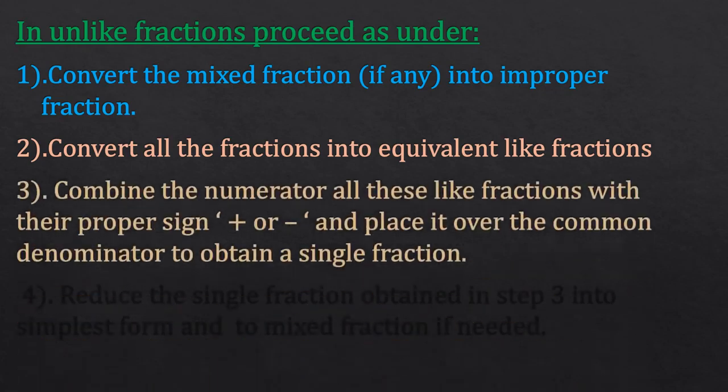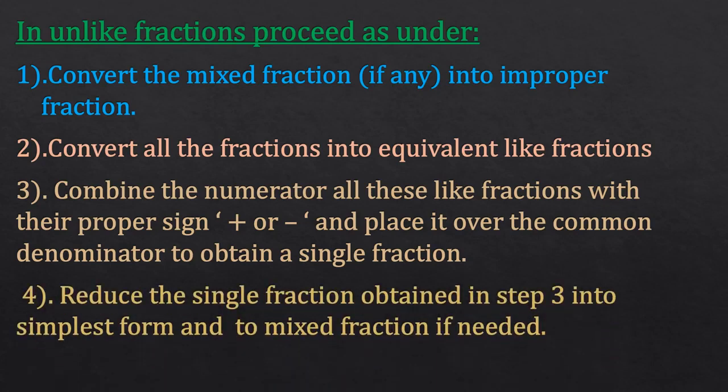Third is, combine the numerator of all these like fractions with their proper sign, plus or minus, and place it over the common denominator to obtain a single fraction. And the last is reduce the single fraction obtained in step 3 into simplest form to mixed fraction if it is an improper fraction.